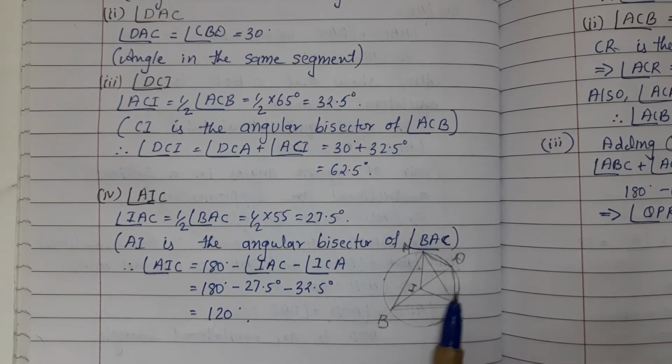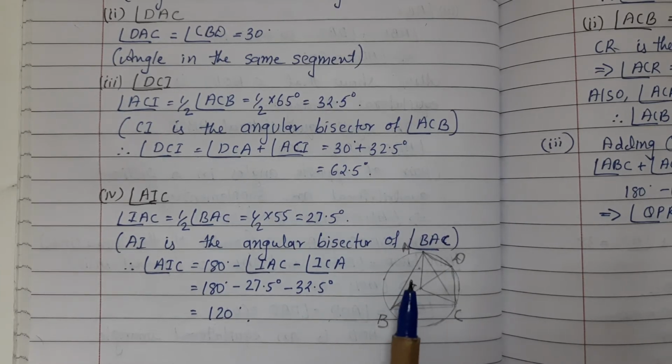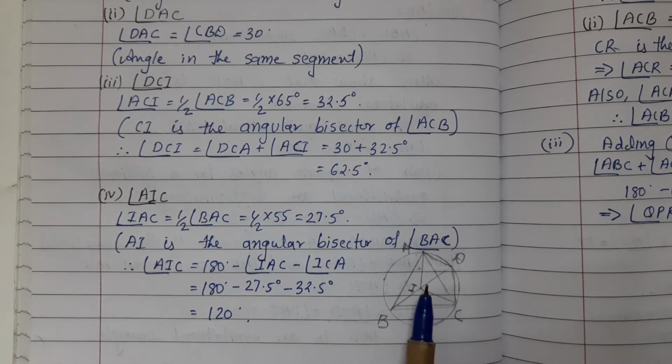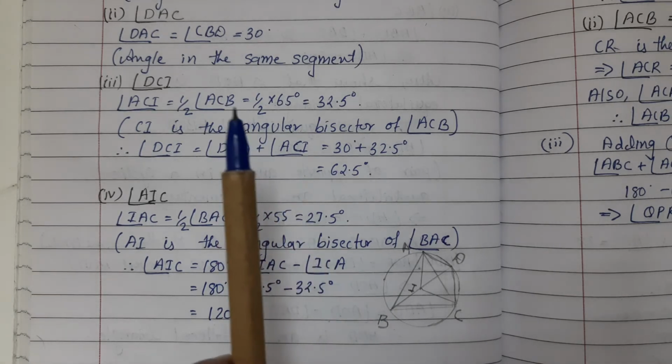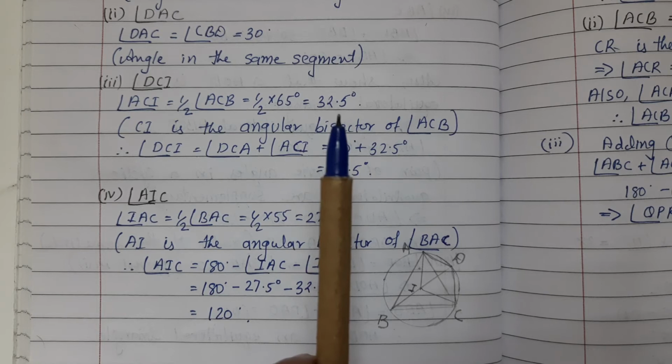Third part, angle DCI. Angle ACI is equal to half angle ACB, equal to half into 65, equal to 32.5 degrees.